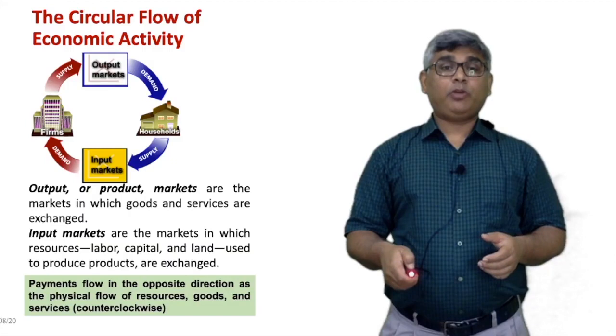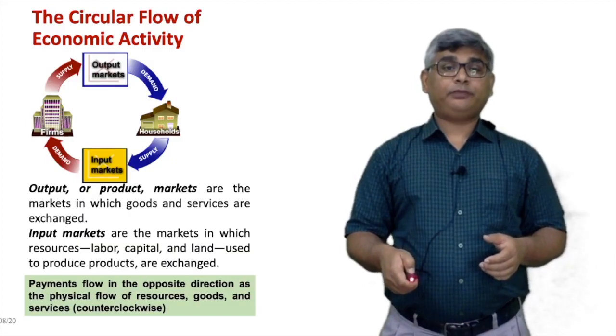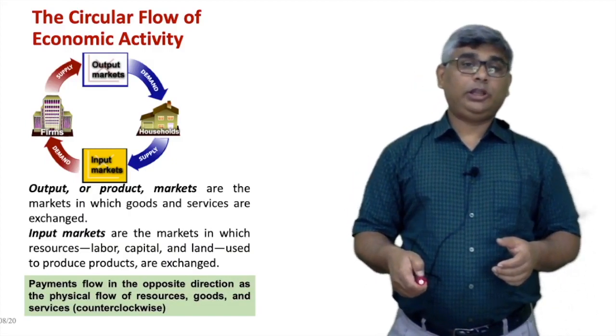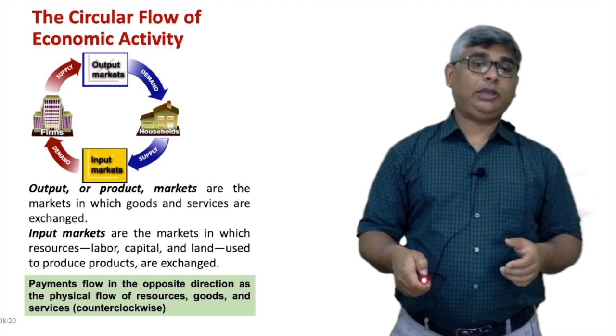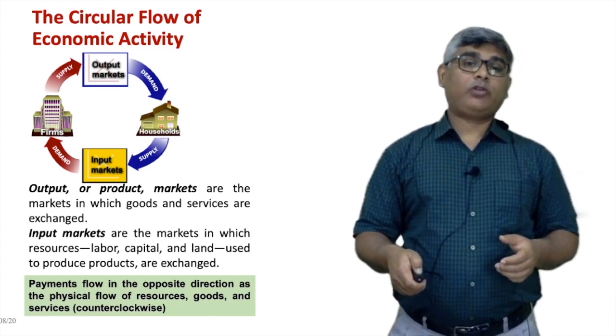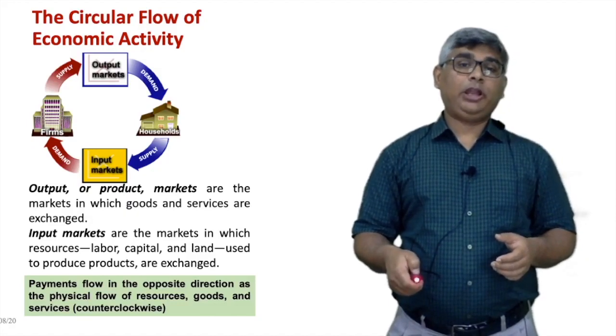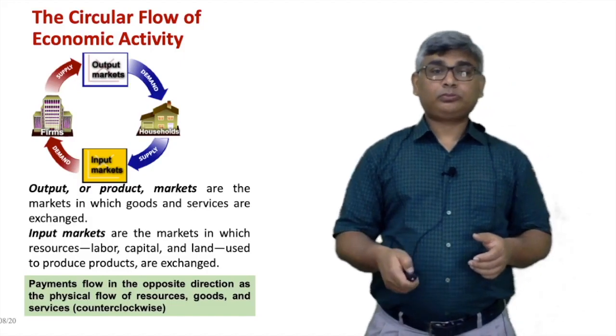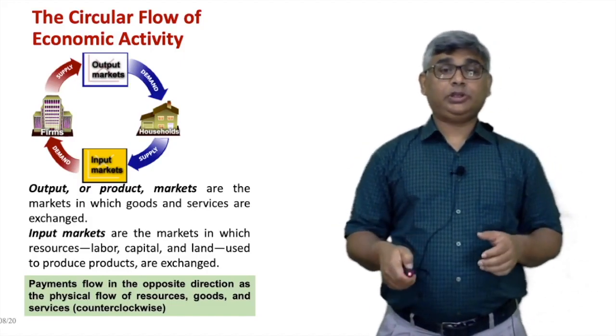So what is being input into this output market? We have firms. They are basically supplying the product to these output markets, and from these output markets, depending upon the demand, the households are consuming these products or services.